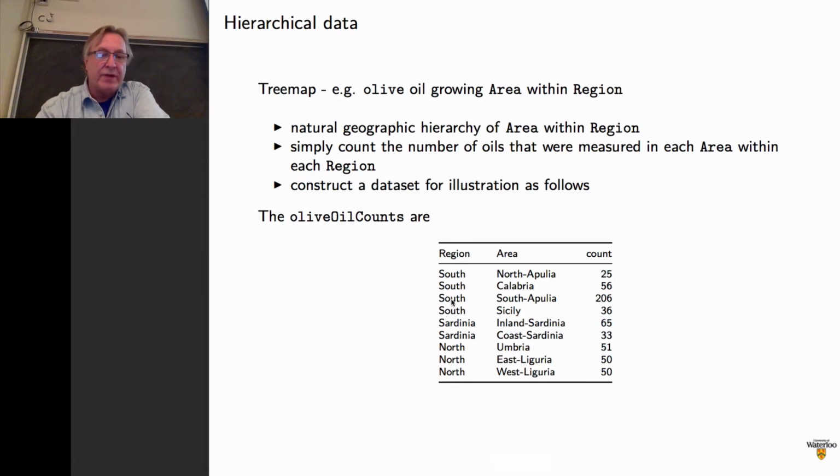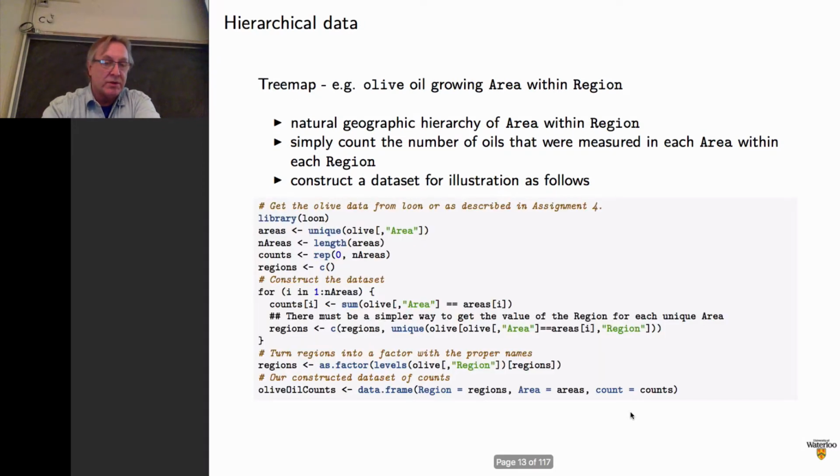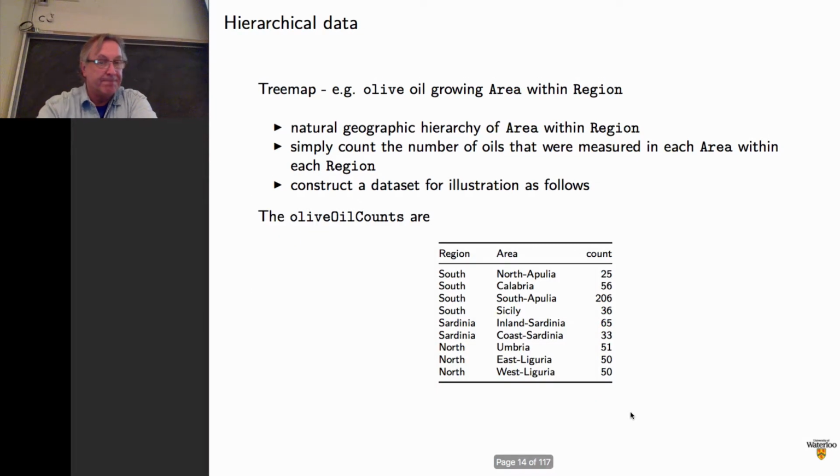I've got 3 regions, South, Sardinia, and North. Within South, I've got North Apulia, Calabria, South Apulia, and Sicily. Sardinia has inland and coastal Sardinia. North has Umbria, East and West Liguria. And that's the number of olive oils in that data set that are inside each of those areas. That's all the work on the other slide, just to create that.